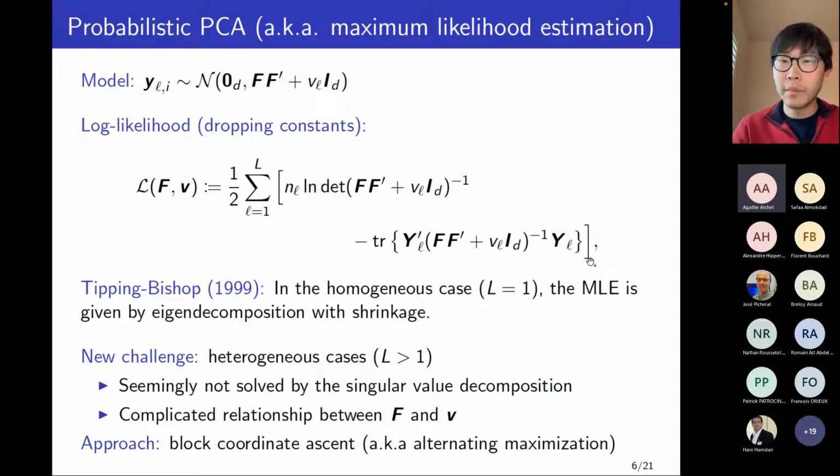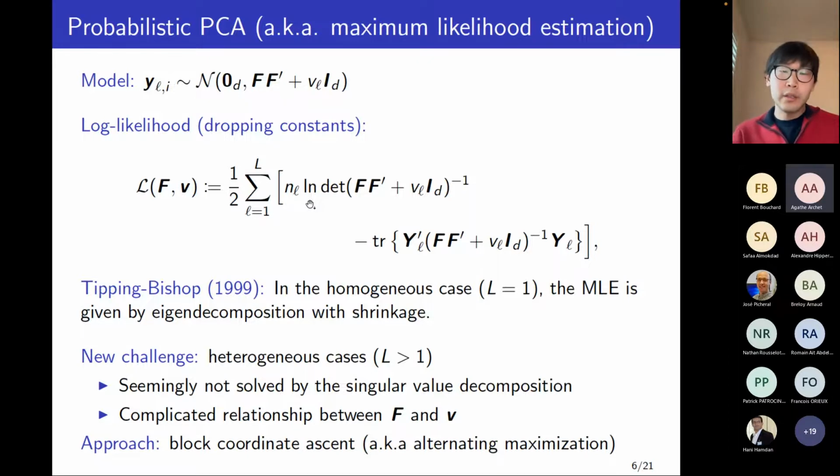Essentially, when you've only got one of these terms, notice that you can move the Y_l over here in the trace to the front, and now you essentially have a sample covariance term. And since there's only one of them, everything factors nicely, and you can solve this basically by eigendecomposition. And then there's some shrinkage just due to the log determinant term.